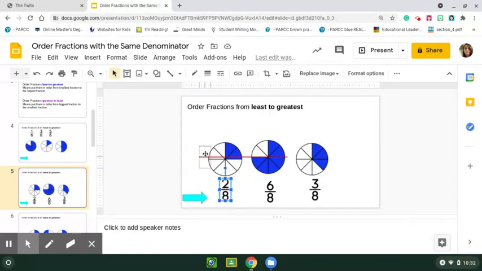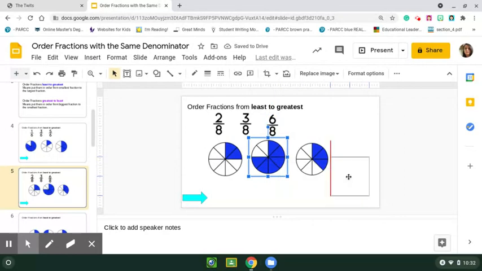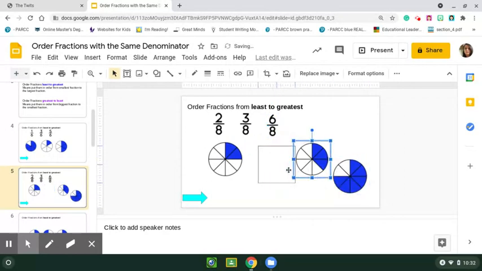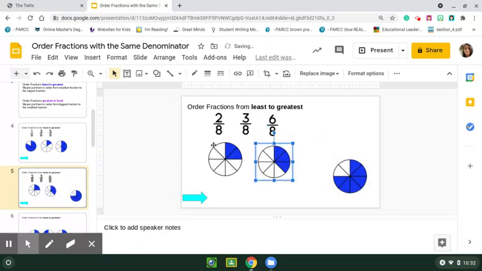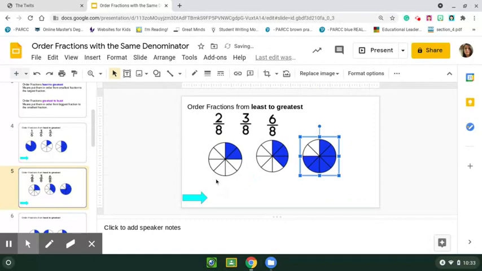We can check 2/8, 3/8, and 6/8. Let's put them even with the circles. If you think of this as cake, this person ate the smallest amount, the next, and the largest.